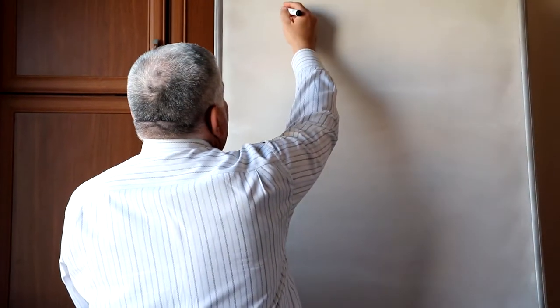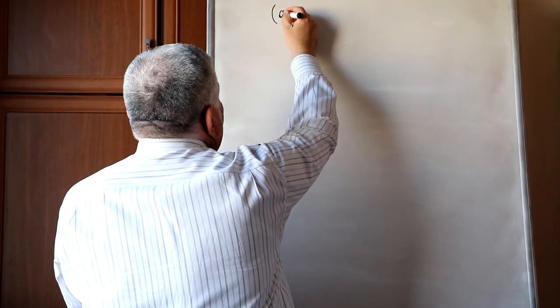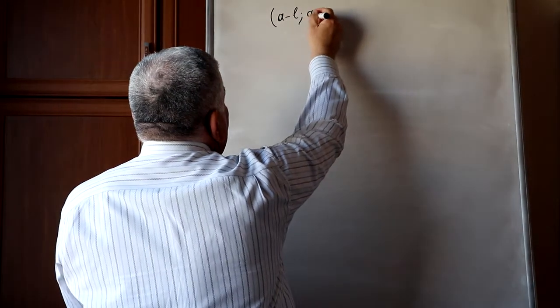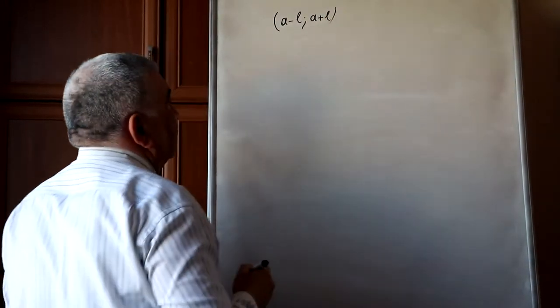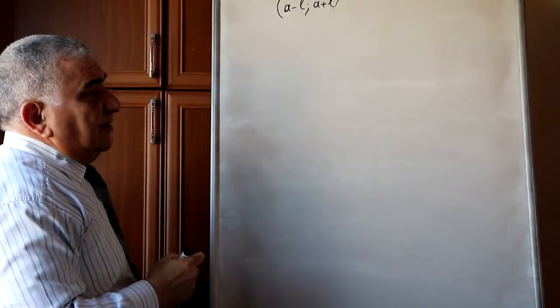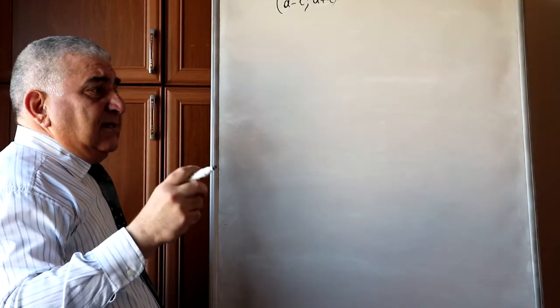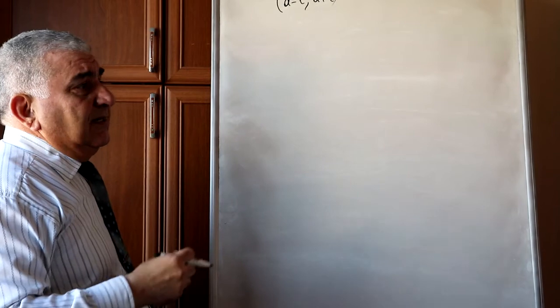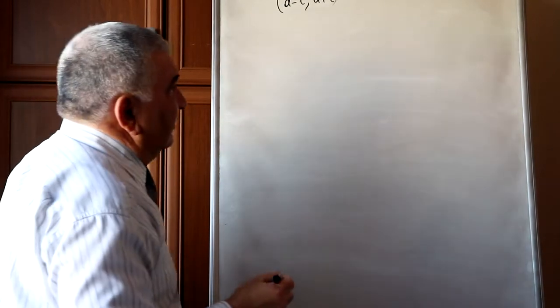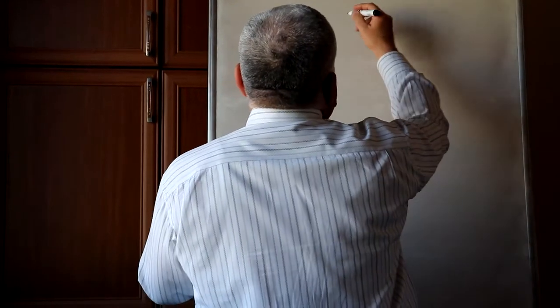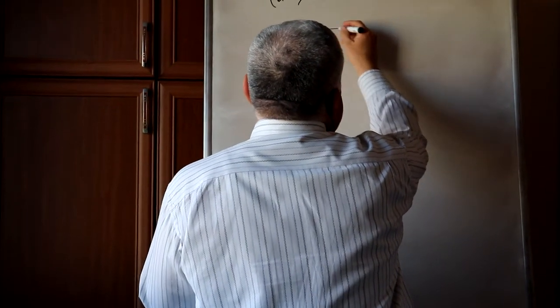The interval of type A minus L, A plus L is named the symmetric interval. Here A is symmetric center and L is the radius of this symmetric interval. And geometrically the symmetric interval is represented in the following form.